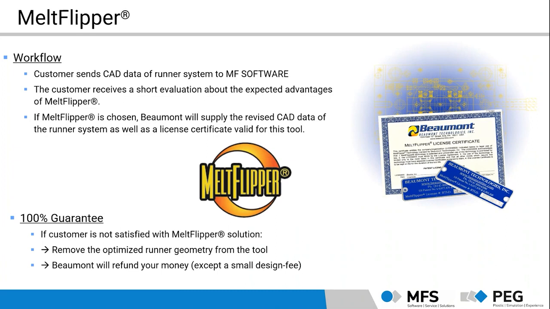That means that Beaumont is, of course, after 30 years, really convinced about their technology, and they know that it works. So it's no problem for them to tell you if you are not satisfied with that, just remove the geometry from your tool and you will get your money back. And I can tell you, as long as we are dealing with MeltFlipper technology, we had no customer who has done this until now.